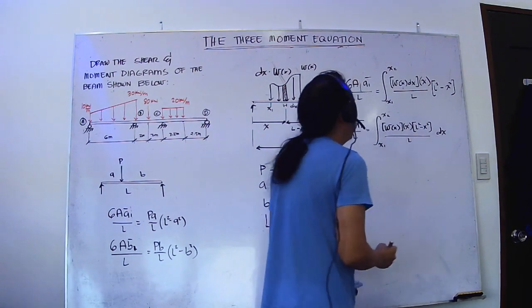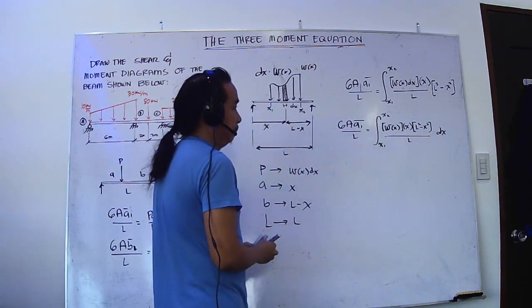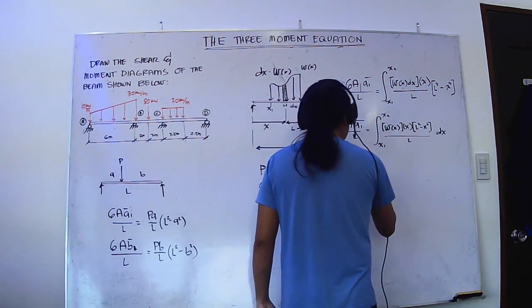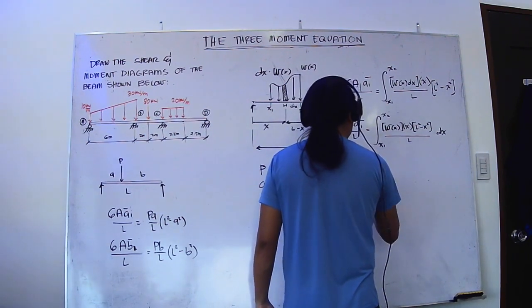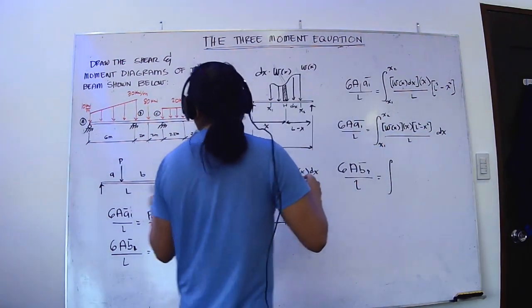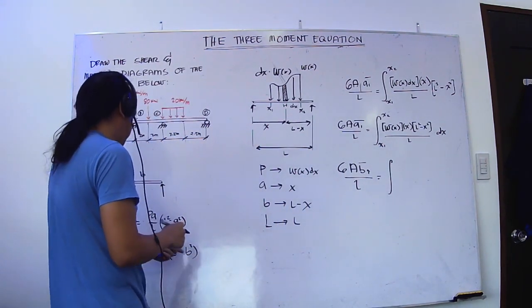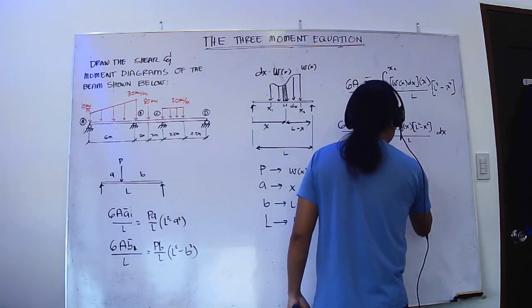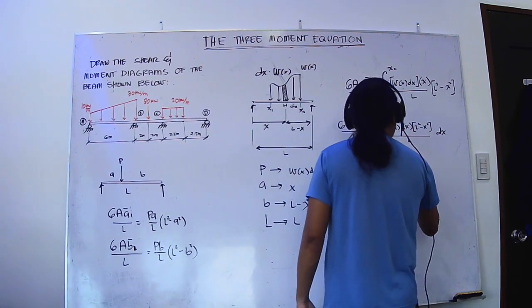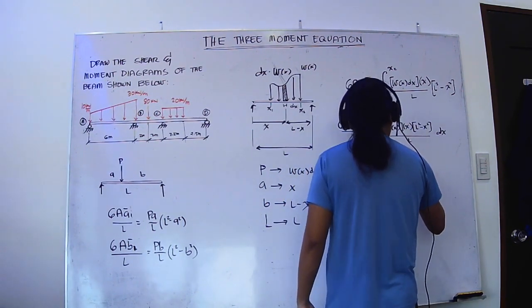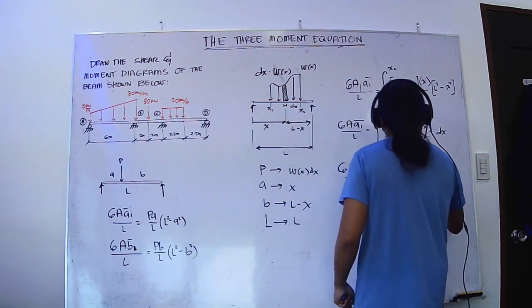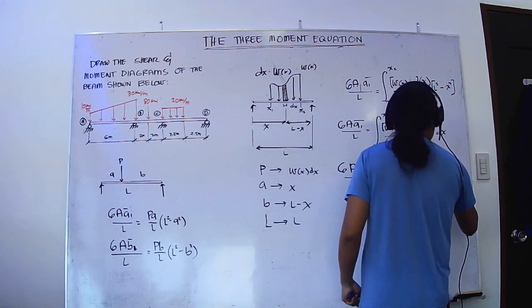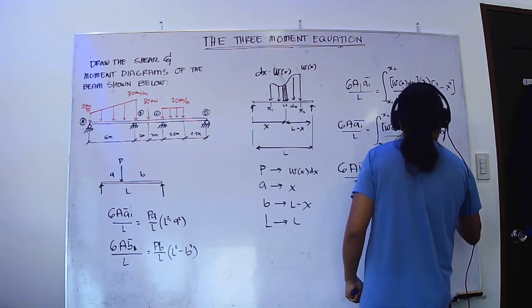Then I'll rearrange it a little because it's a bit messy. So 6ab squared over 2 would be similar, but we just change the roles of b and a, so the expression would consequently be b equal to L minus x, and L squared minus L minus x squared divided by L dx.